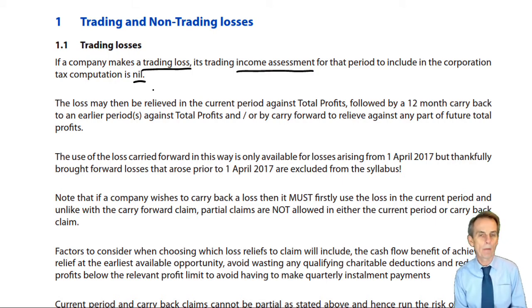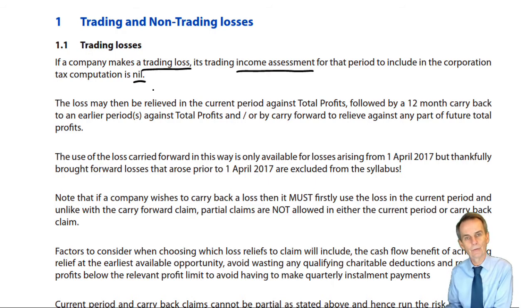Now, we know that we prepare corporate tax computations for accounting periods. In income tax, we prepared income tax computations for a tax year. And when an unincorporated trader made a loss, there were basically three things that you could do. You could set it off in the current tax year, carry it back to an earlier tax year, or thereafter carry it forward to a future tax year. So the idea is simple.